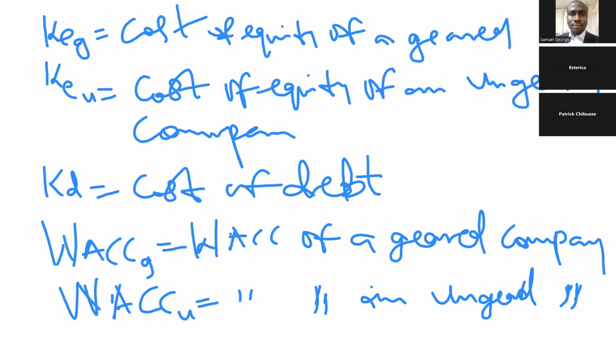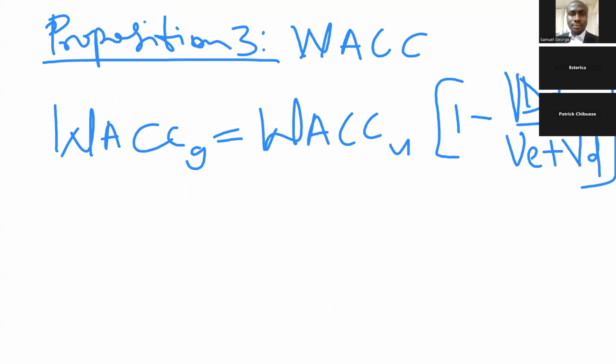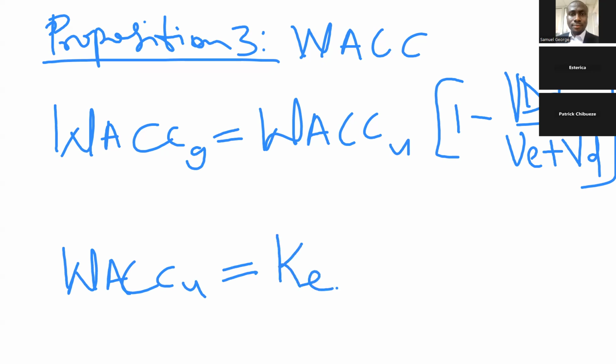So back to the formula, we have WACC of a geared company equals WACC of an ungeared company. Please note that WACC of an ungeared company is equal to KEU. So a company that does not have debt, whatever their cost of equity is, that will be their WACC.